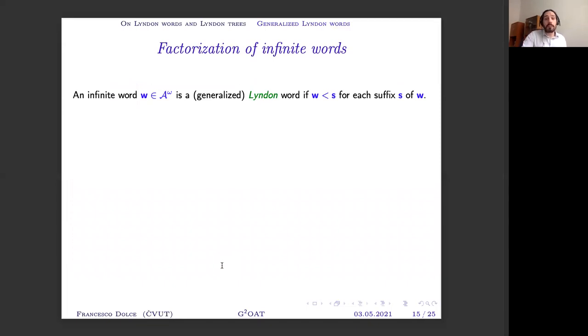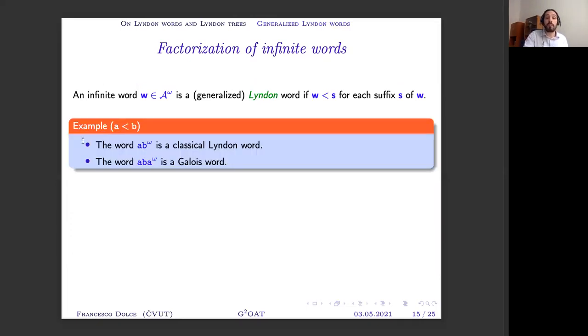What about infinite words? Well, first of all, we should define what an infinite Lyndon word is, and there's a nice definition of an infinite Lyndon word. It's an infinite word that is strictly smaller than all its suffixes. So, for instance, if you consider a, b, b, b, b, b, b, every non-trivial suffix starts with b, so it's strictly bigger than a, b, b, b, b.